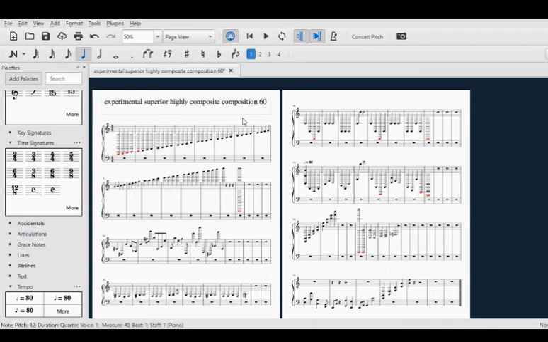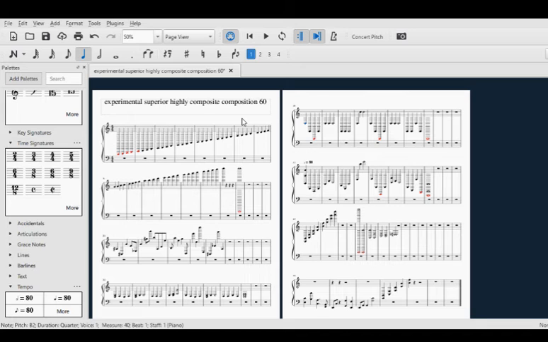And yeah, it sounds very, very flat. It almost sounds like a twangy sound, like a twang.